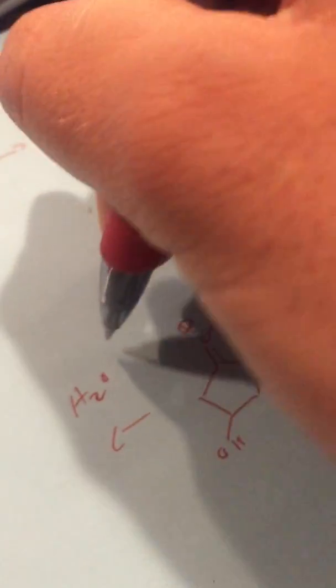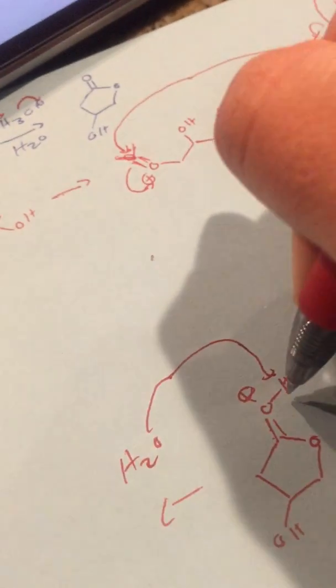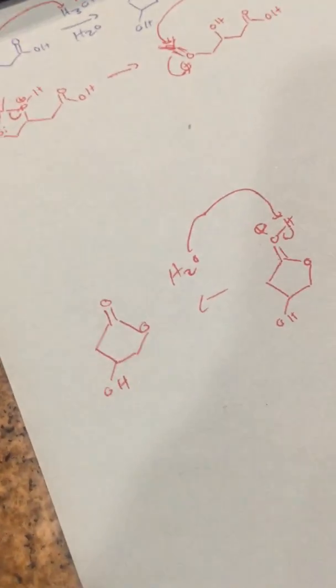So we'll take in water, act as our nucleophile, rip off the proton, and then we're left with our carbonyl ketone group with our oxygen there as an ester, and there's our alcohol, and that's our product.